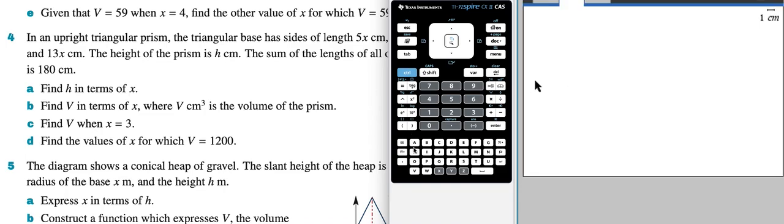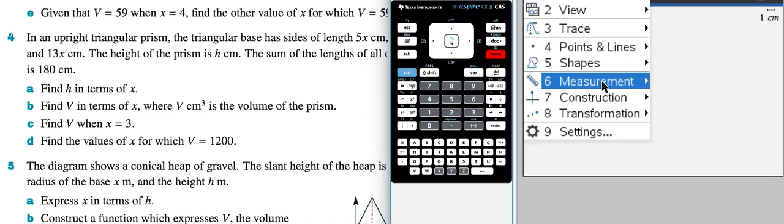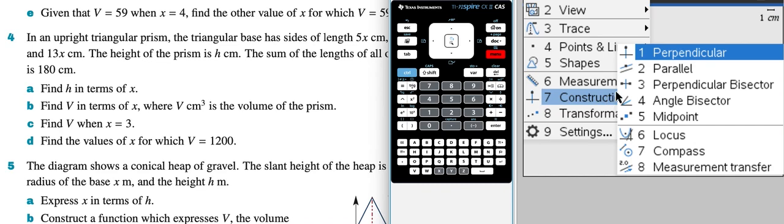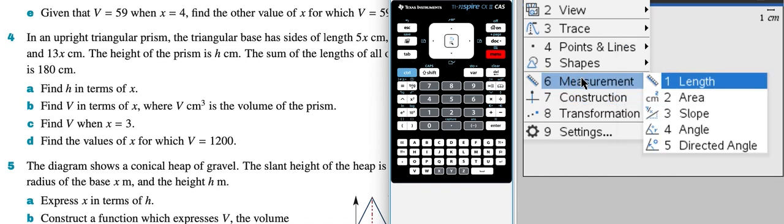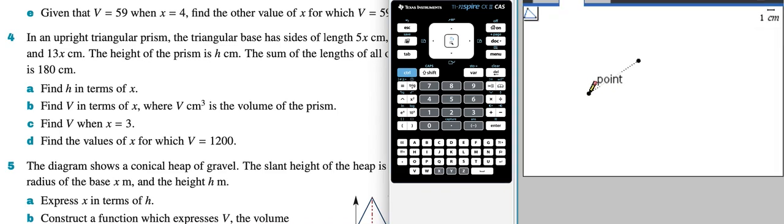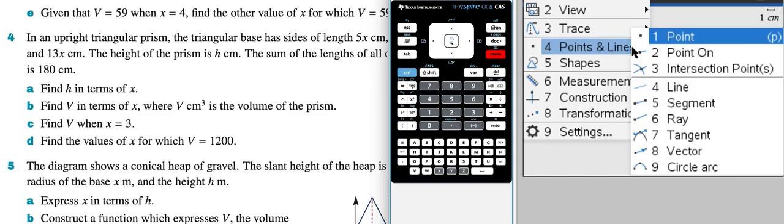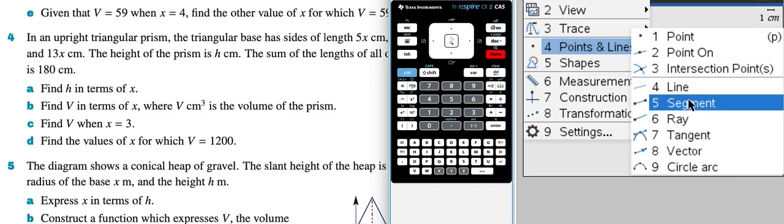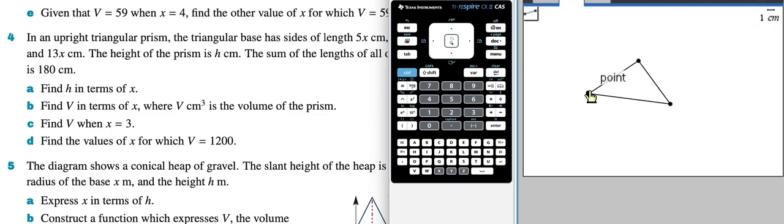Add geometry, right? So menu, construct. I'm going to do shapes. So I'm going to do triangle. One there, one there, one there. Right, and then I might just quickly get out of that, and then do menu, and then line segment, and go from that point up to here.